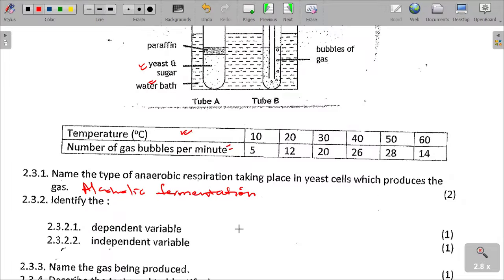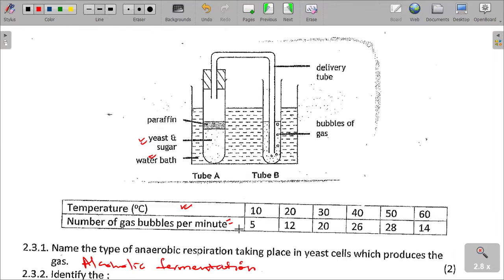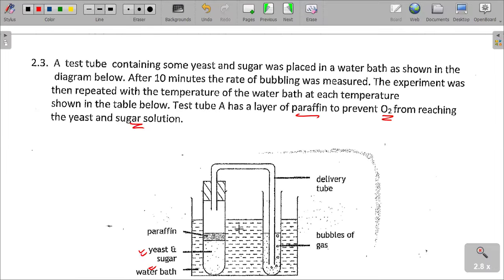And then, 2.3.2, identify the dependent and independent variable. I always refer to my lesson. I tell my students that when you are looking at this question, we see what is being investigated and what is controlling what.